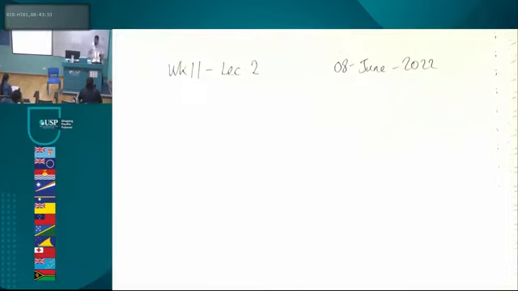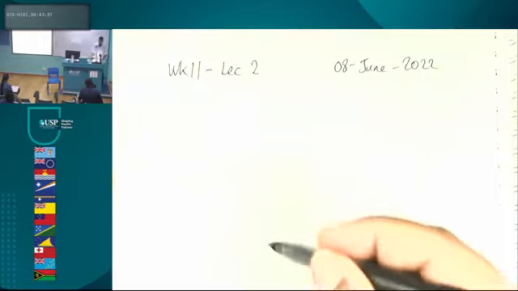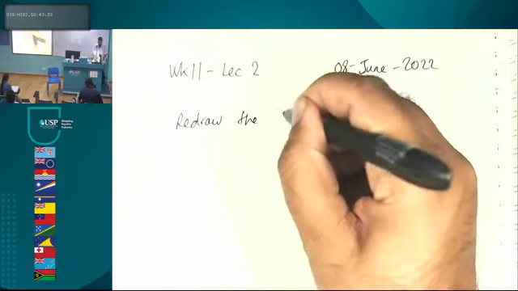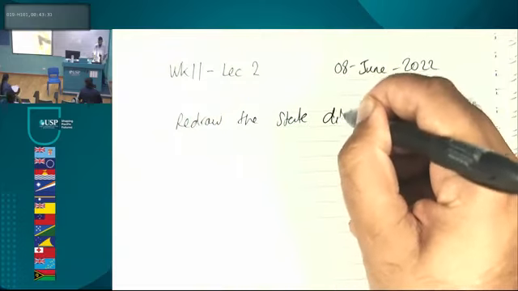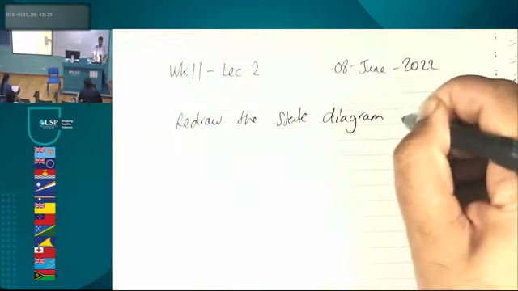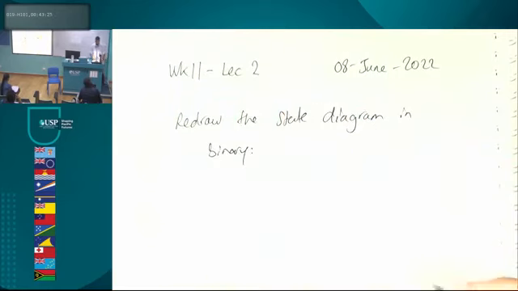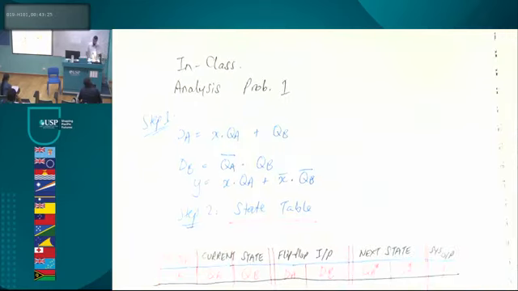What we have to do now is redraw the state diagram in binary.